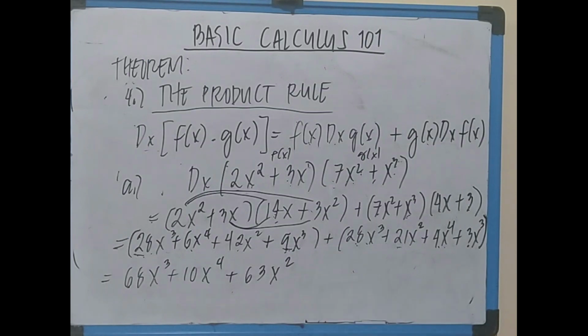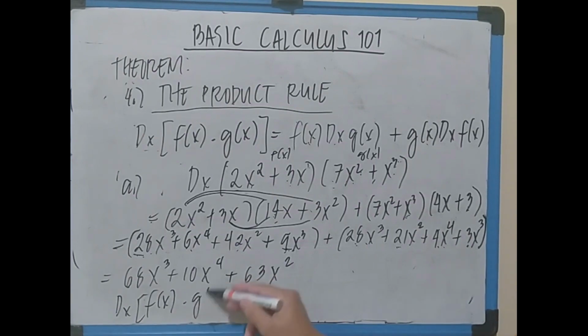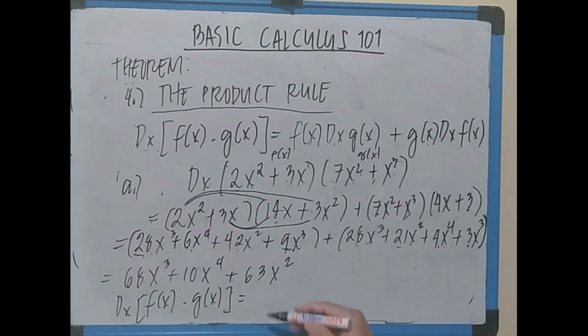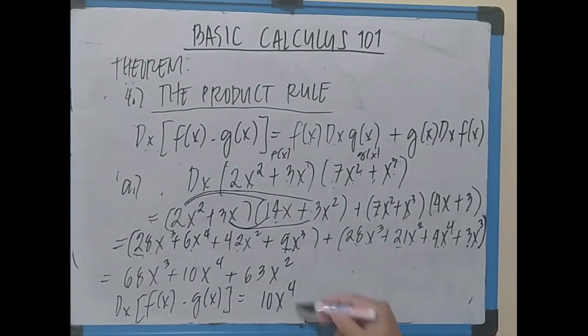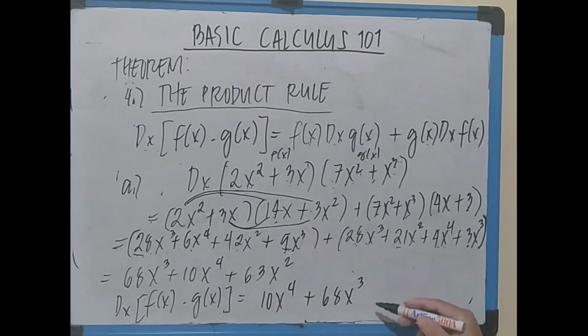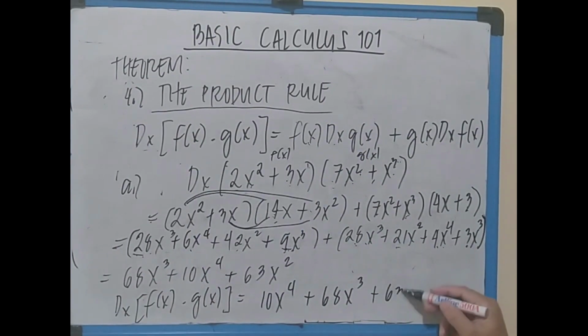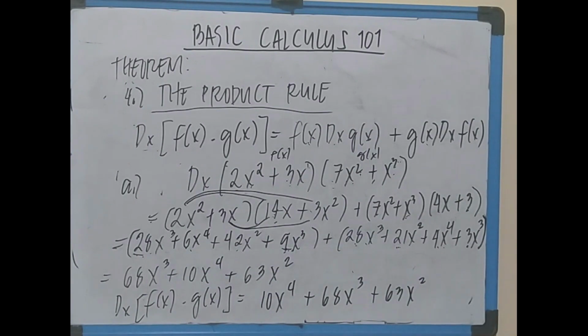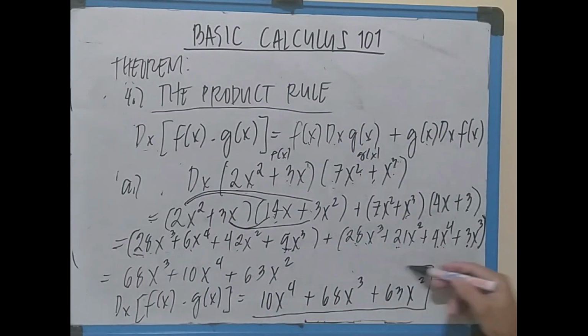But then, kailangan muna natin siyang i-rearrange from highest exponent down to the lowest exponent. So we have now the derivative of f of x times g of x is equal to, copy natin ito, we have 10x raised to 4 plus 68x cubed, we have plus 63x squared. So, ito na po ang magiging final answer natin.